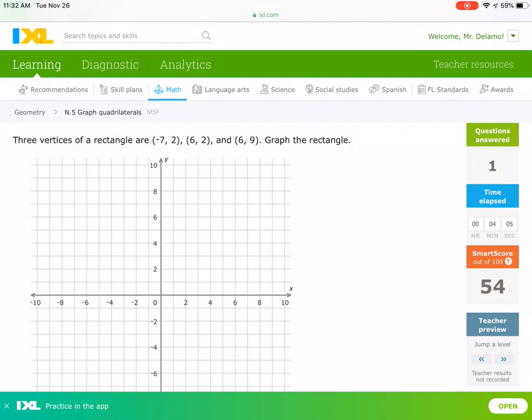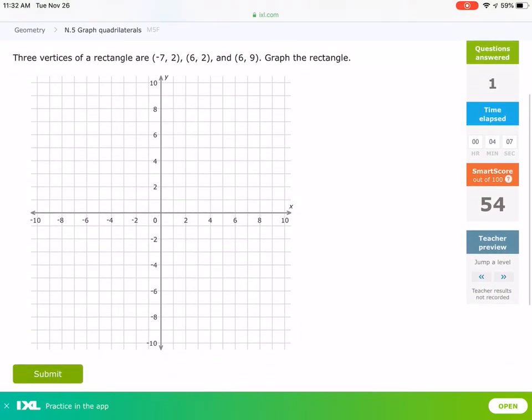Okay, this one's a rectangle. So -7, 2, 6, 2. That's a very small side. And 6, 9. What am I doing? Oh, 6, 2. Okay, 6, 2 is over here.